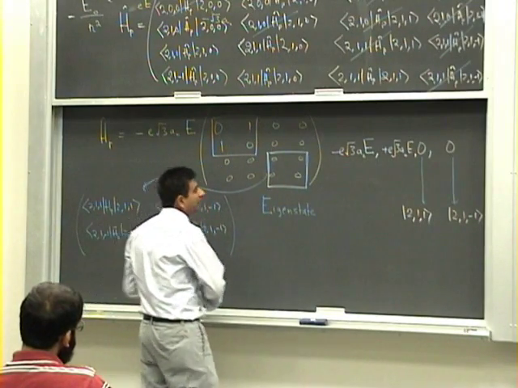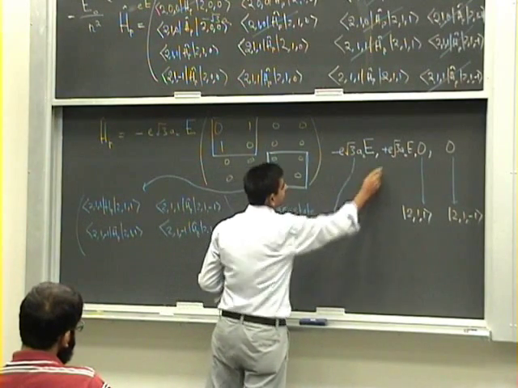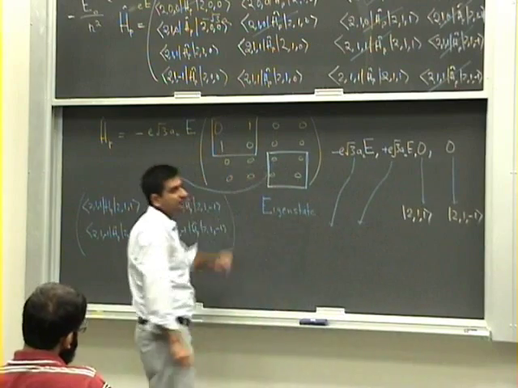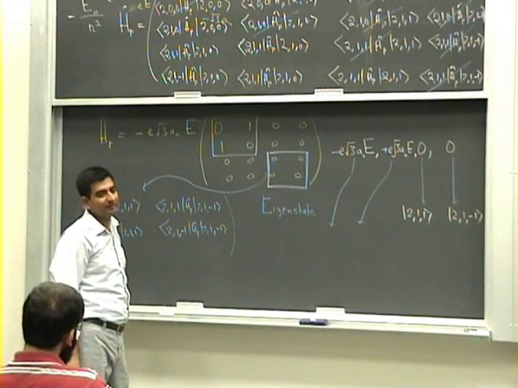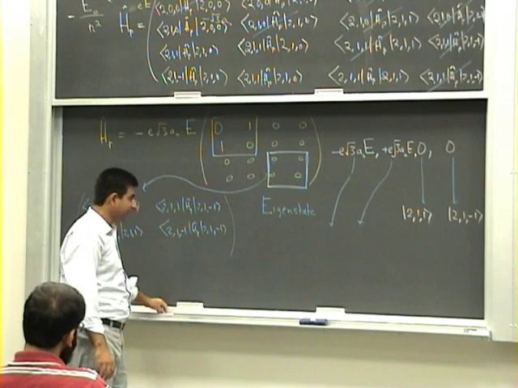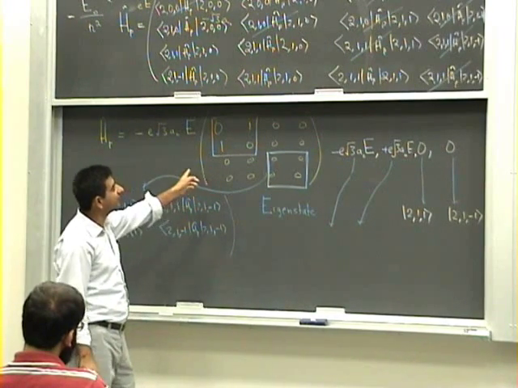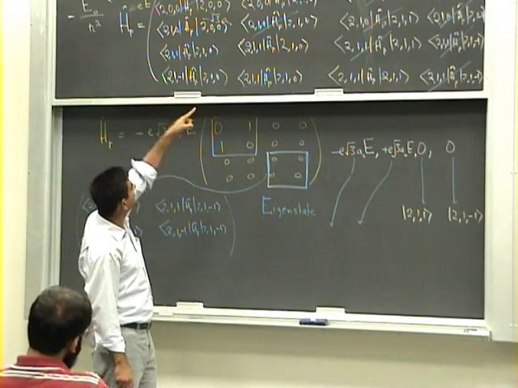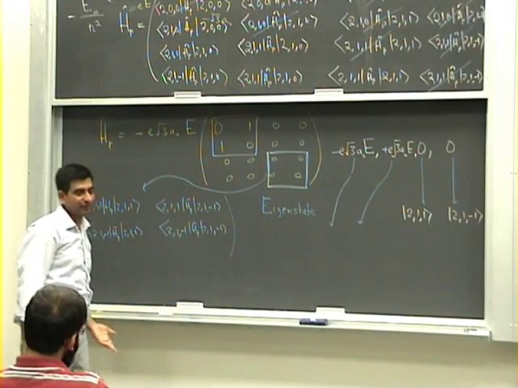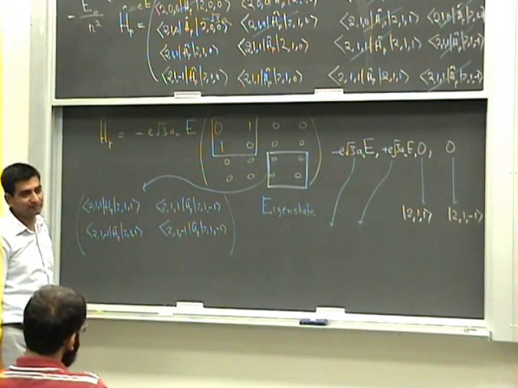However, if we look at these eigenenergies, which means we consider this block matrix, this is not diagonal in the basis that we print. Therefore, the eigenstates corresponding to these eigenvalues are not the original states, rather they are some superposition of the original states. And what are those states?